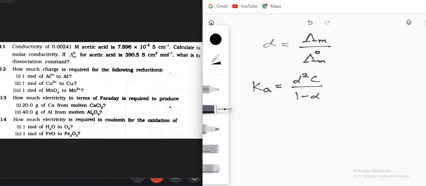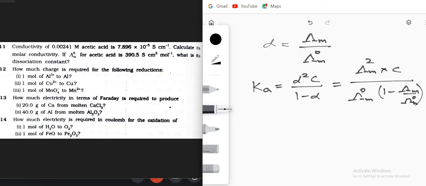If I substitute alpha square here, which is lambda m by lambda m naught whole square, you will get lambda m square into concentration, with lambda m naught square going to the denominator, into 1 minus alpha, where alpha is lambda m by lambda m naught.